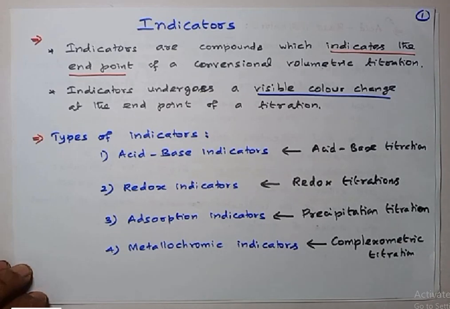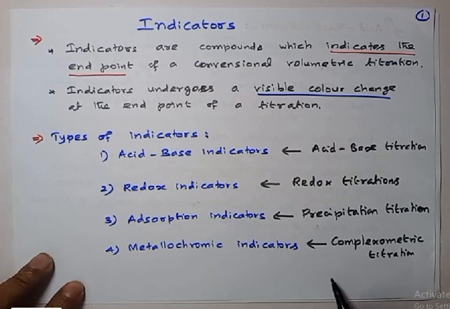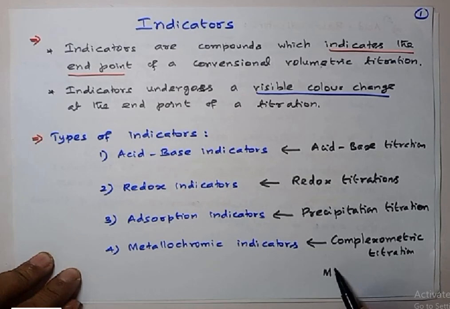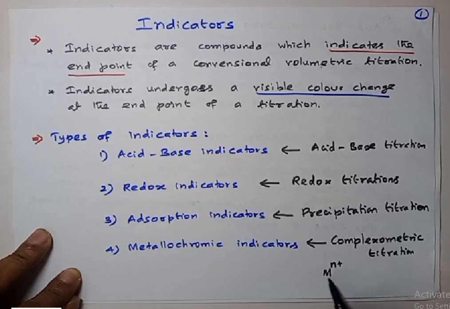What is complexometric titration? We take some metal ion as one reactant and we take ligands as another reactant. We take metal ion as analyte and ligand as titrant. It can even be vice versa. When you mix them, they form what is called metal ligand complex.